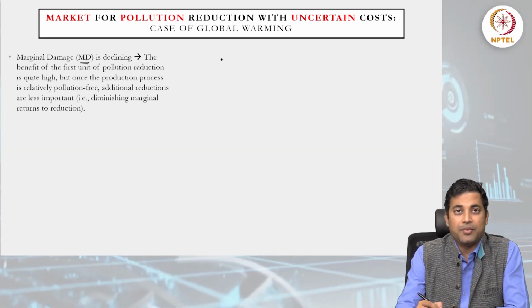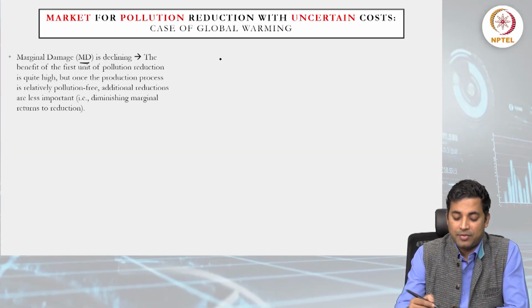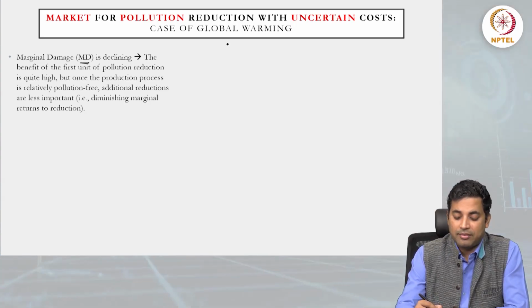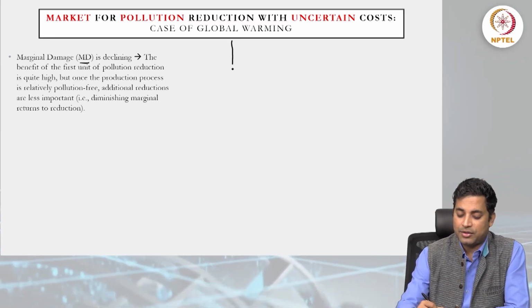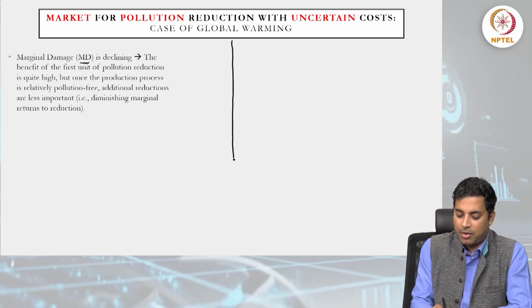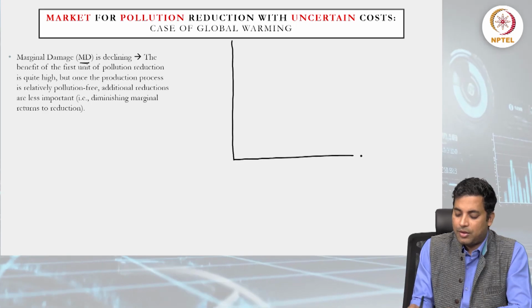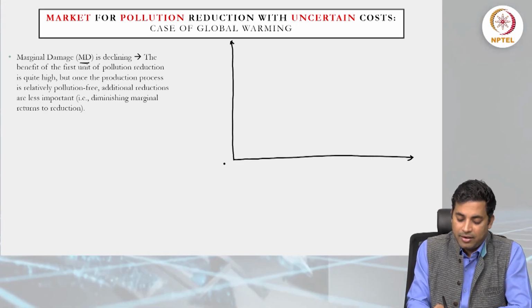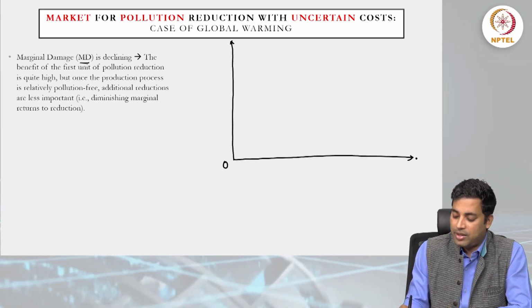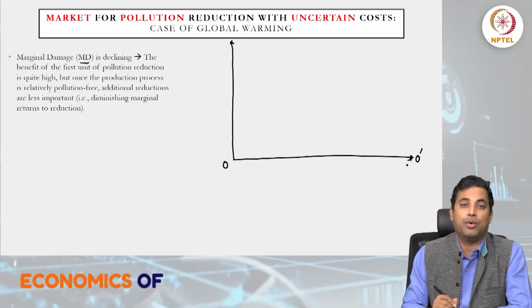So if I draw the diagram and then explain, that will be much easier for all of us to understand what we are talking about. Drawing from the basic model that we had, say here O is one origin and say O dash is another origin.